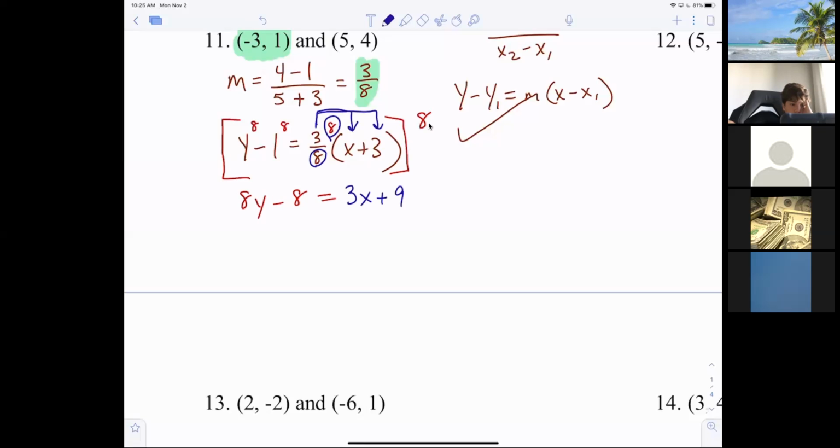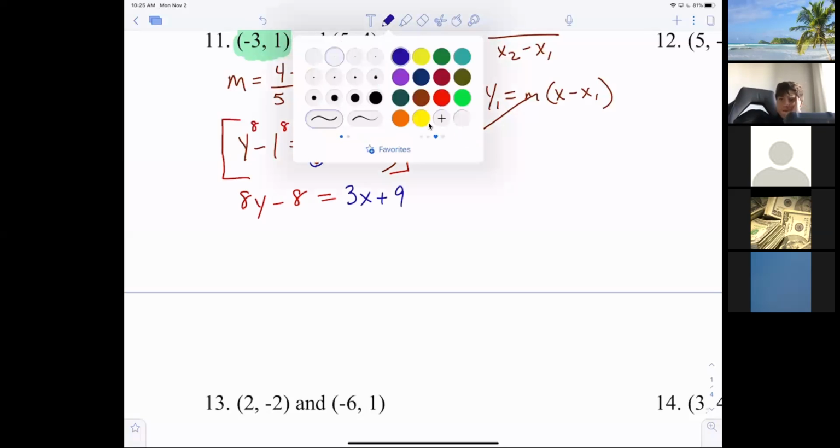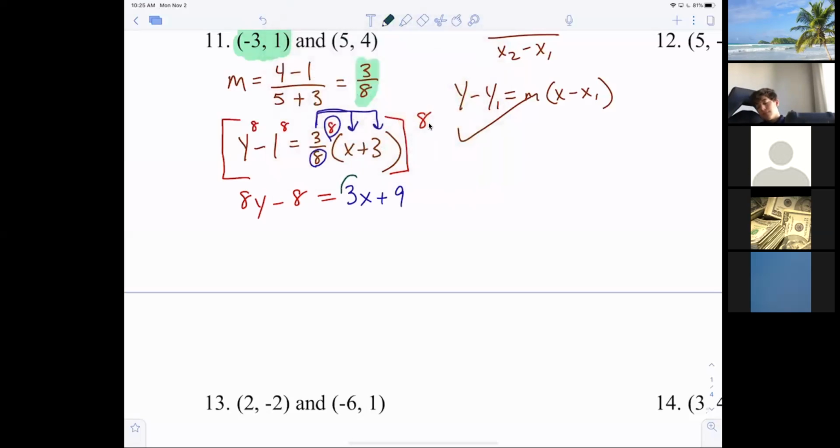Now I need to move the x and y together, and the numbers have to go on the other side. So now make yourself a note. I am going to take this 3x, and I'm going to move it over here. When I move it over there, it becomes what? Negative 3x.